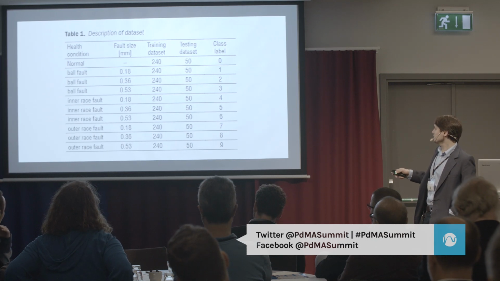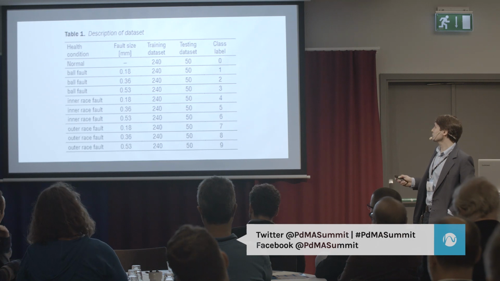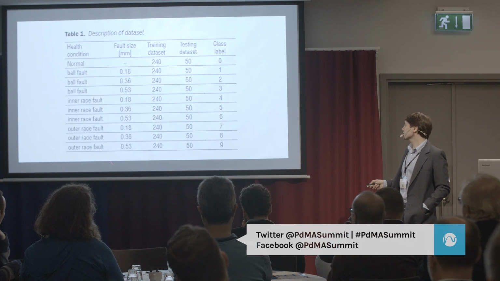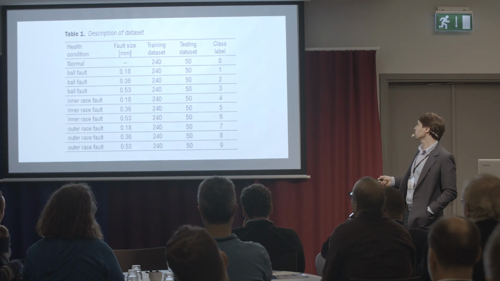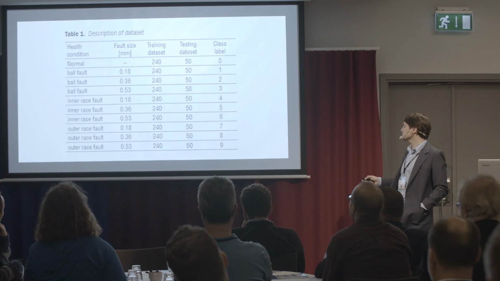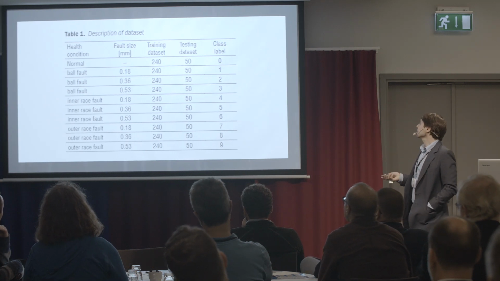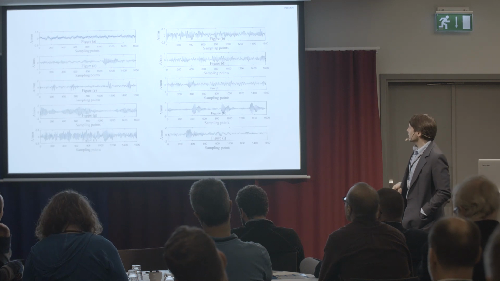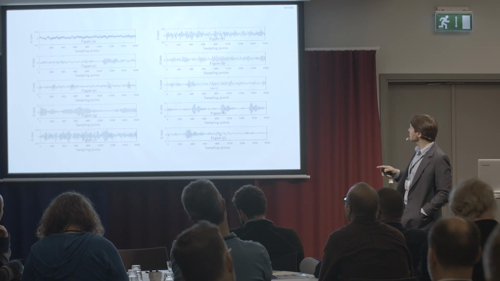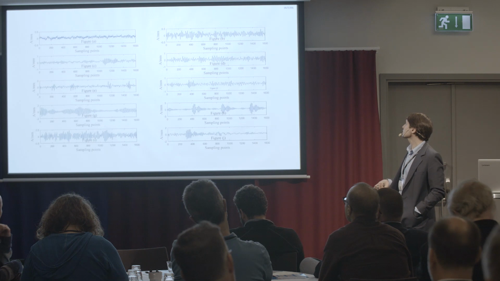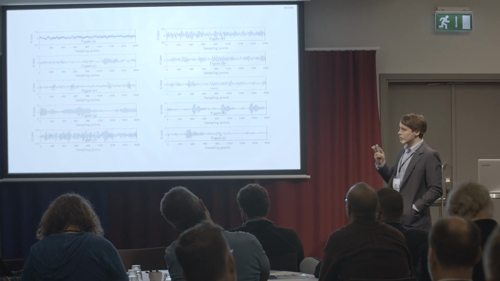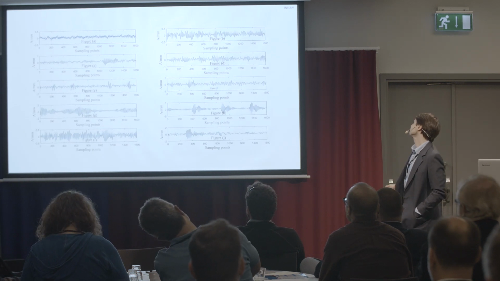There are 10 possible classes. The first one is normal condition, and the others are fault conditions for ball, inner race, and outer race, for different sizes. Here you have what the vibration amplitude looks like for each health condition.